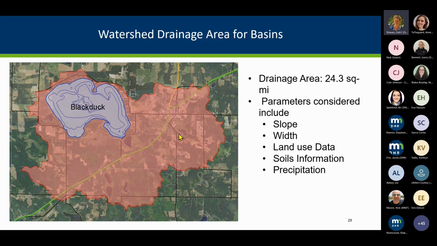And so we'll look at various parameters on the use of that watershed and soils and the slopes and how big that drainage area is, and then look at how much runoff we would expect in inches off of that area, and basically calculate the volume of water in that drainage area, and then calculate, okay, for this many acres of drainage area, if I pour that on top of this lake, how much more water does that add to the lake?